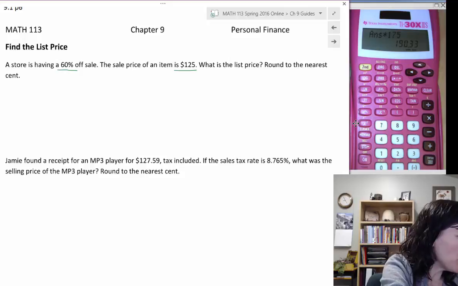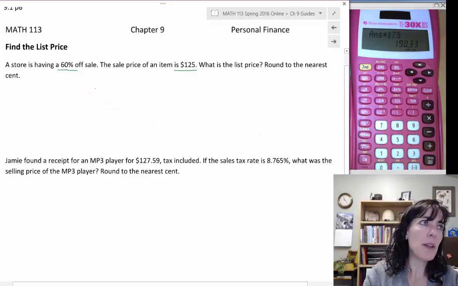So let's see. I can take the formula that we have, which was the new minus old over old times 100.